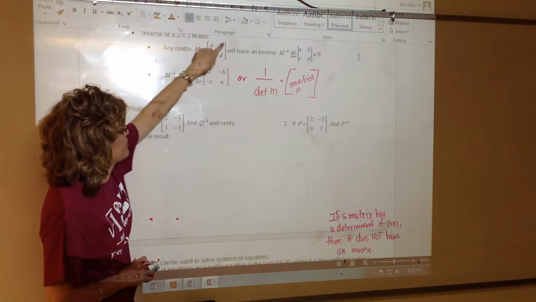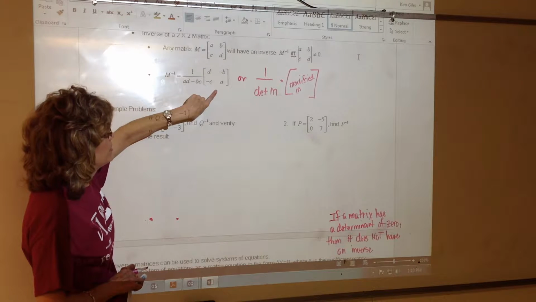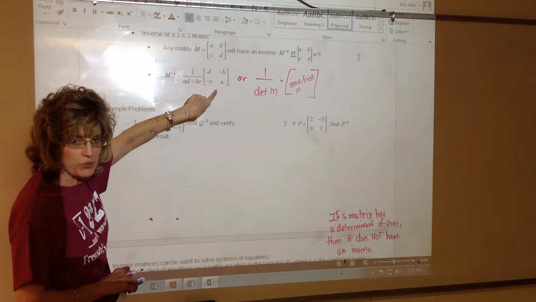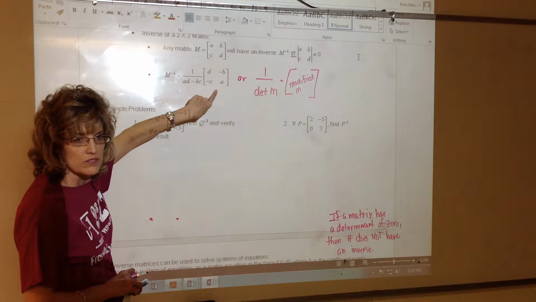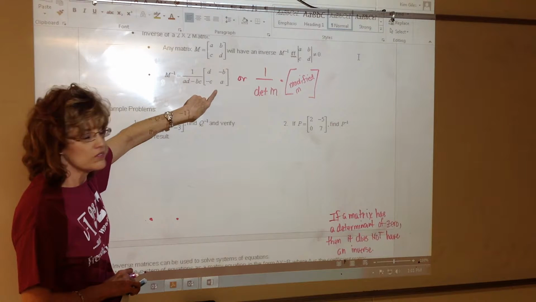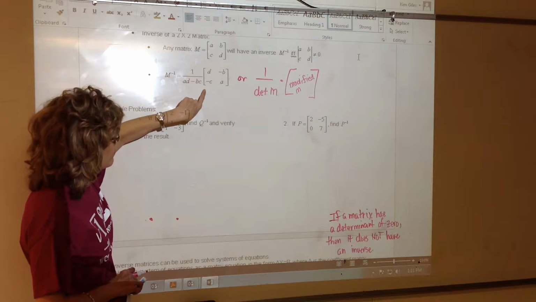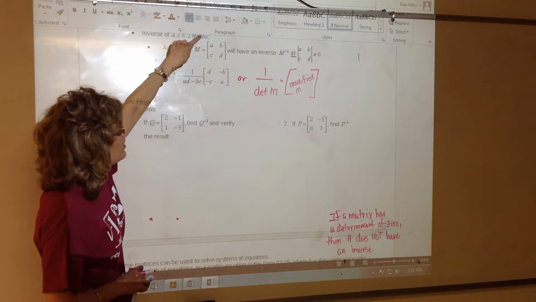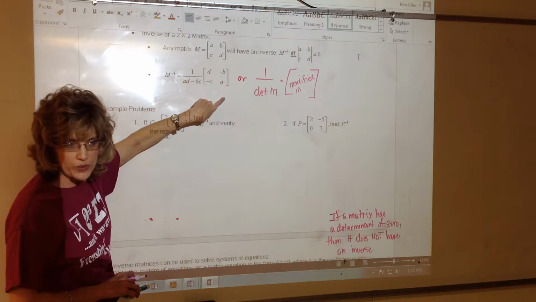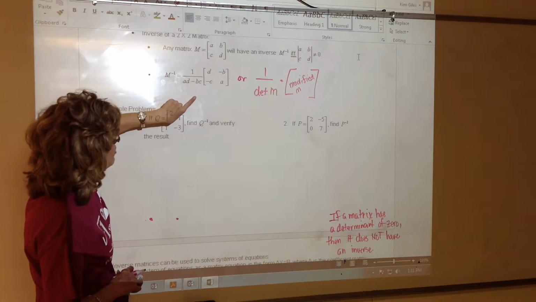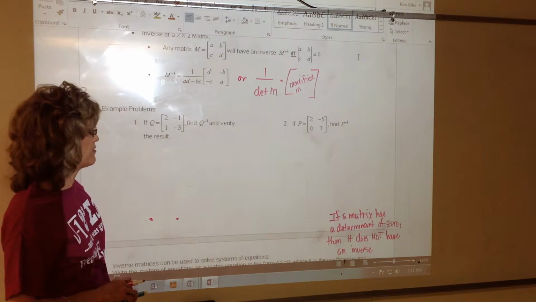Here was the original, A, B, C, D. Here's the modified one. Could you explain what we did to modify it? You made the C and B negative, and you flipped A and D. You got it, exactly. Along the principal diagonal, we trade places, and along the other diagonal, we change signs. Okay, that's how you modify it.